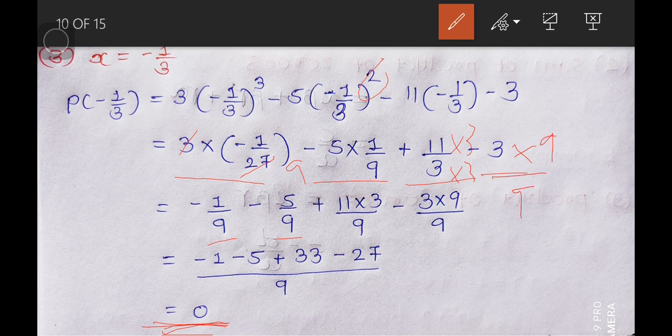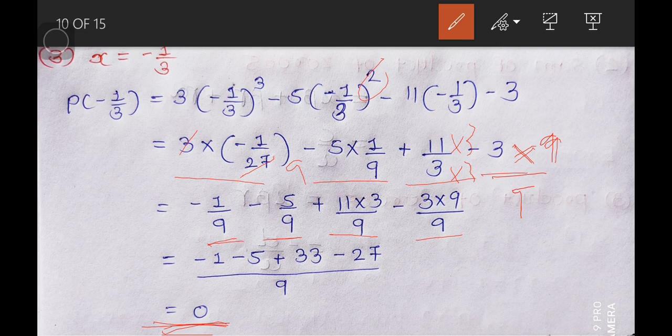If we multiply 3 with 3, then we get 9 as a denominator. So here I have multiplied numerator and denominator with 3, and here we want denominator 9, so we have to multiply 9 with the numerator. So here you can find minus 1 over 9 minus 5 by 9, plus 33 by 9 and minus 27 by 9.